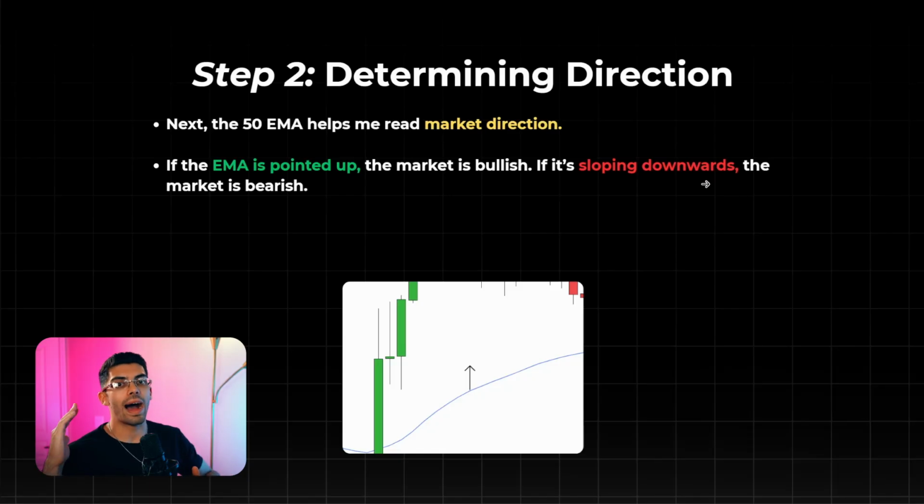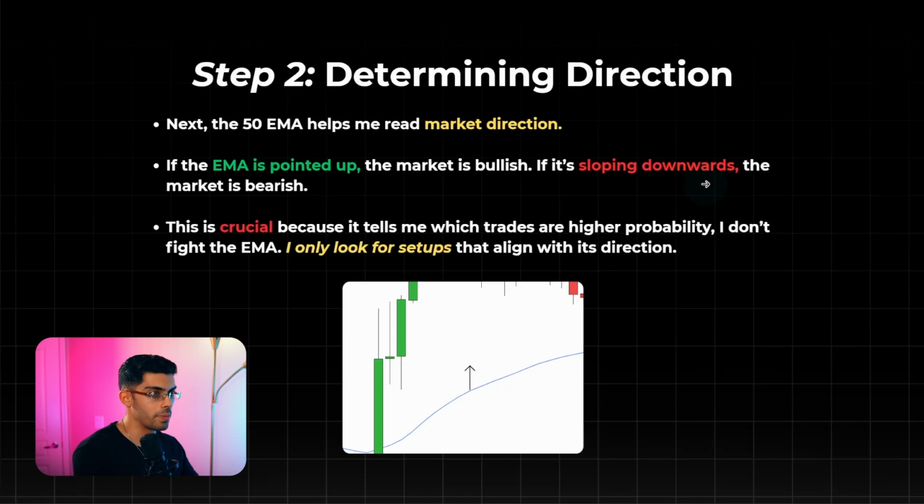There is no, oh, I see it bullish, but you see it bearish, and then that trader sees it consolidating. The EMA is either pointed up or it's pointed down. There is no in between. And if the EMA is pointed up, it is objectively bullish. Vice versa for bearish. This is crucial because it tells me which trades have higher probability. I don't ever fight the EMA, and I only look for setups that align with the direction of the EMA.